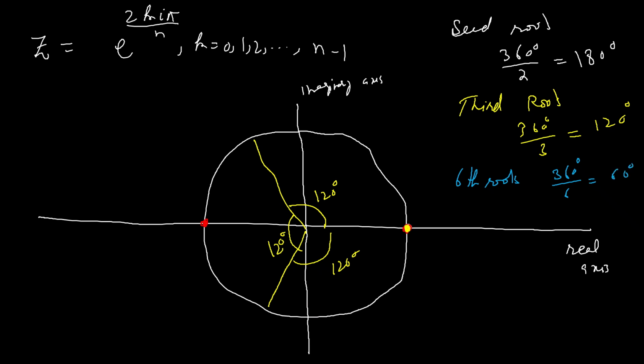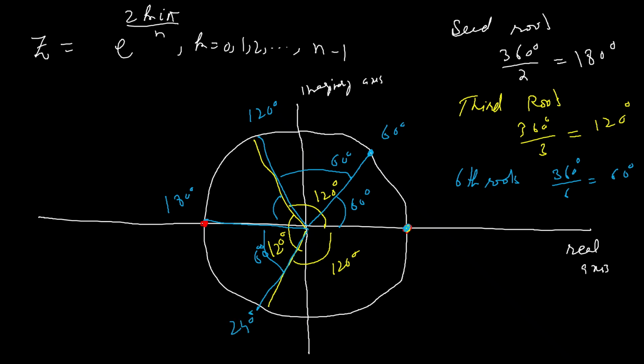So first root will be at 0 angle, second root will be at 60 degree here, next root will be at 120 degree, again add 60, next root will be at 180 degree, next root will be at 240 degree, next root will be at 300, and the angle between any two corresponding roots is again 60 degree.